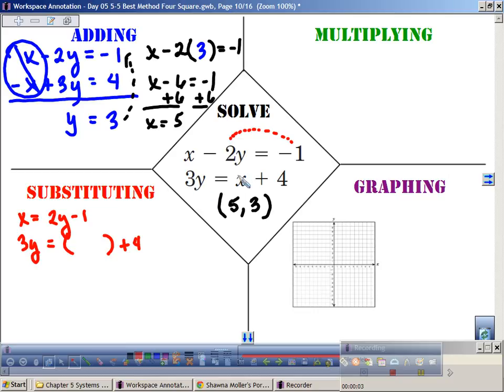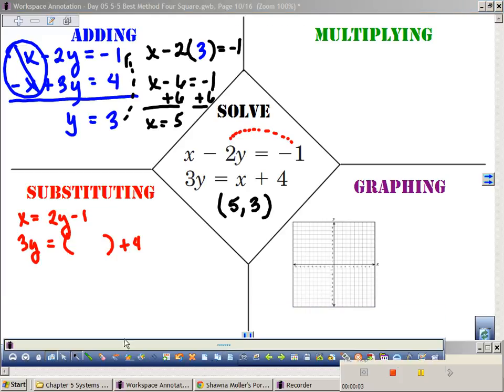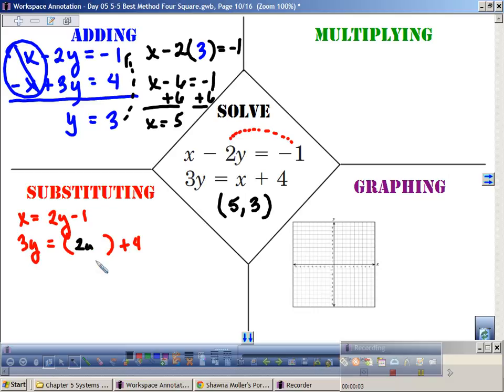I wrote the second equation, but instead of writing x plus 4, I put parentheses because we're going to substitute for x, right? So let's substitute for x. What's x again? Good, Sarah. It's right above me, right here. X equals 2y minus 1. 2y minus 1.